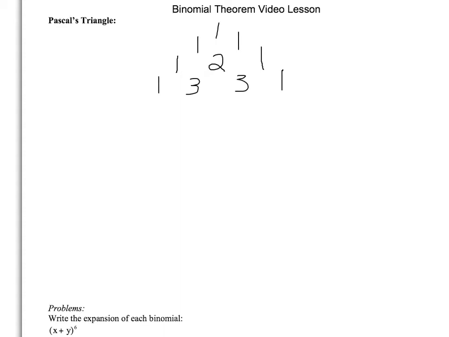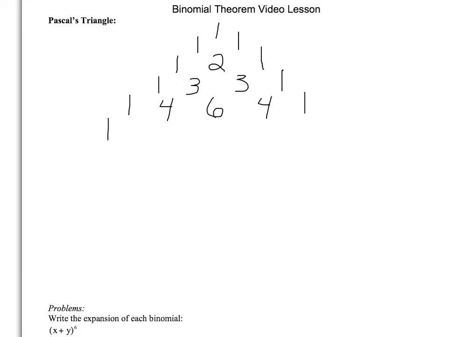And then a 1 on the outside. Then it's going to be 1. And you do 1 plus 3 to give you 4. 3 plus 3 to give you 6. 3 plus 1 to give you 4, and then a 1 on the outside.